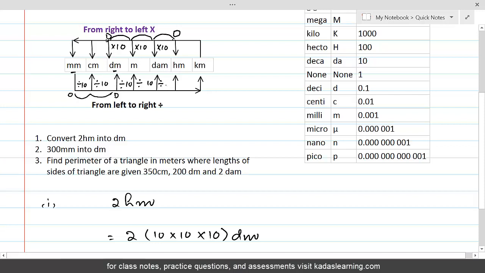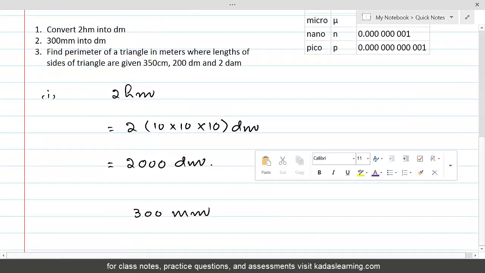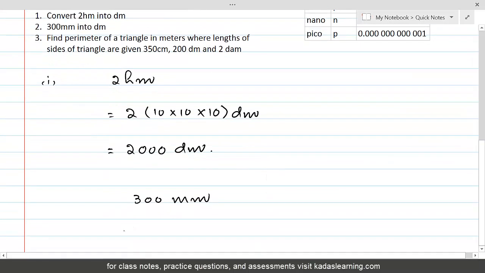So this table is very helpful in converting. Let's convert this one. Here the origin was millimeter and the destination was decimeters.